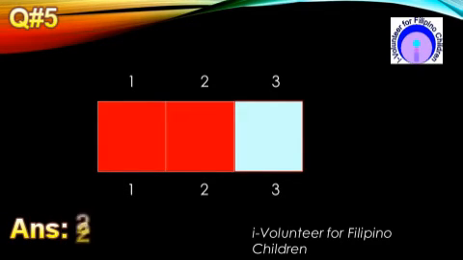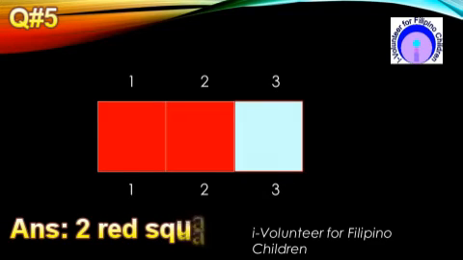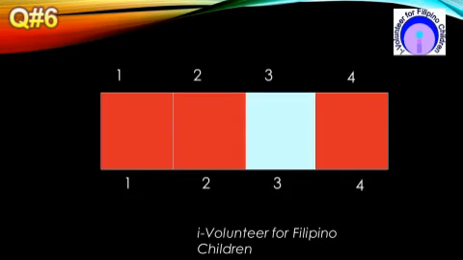The answer is 2 red squares. Question number 6. What fraction names the white square? The answer is 1/4.